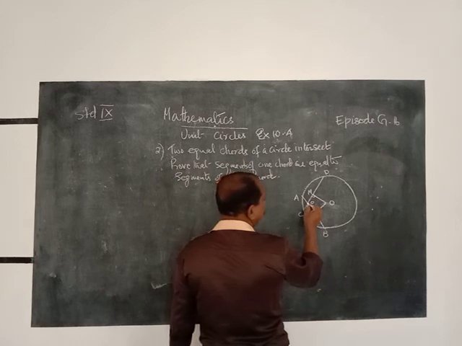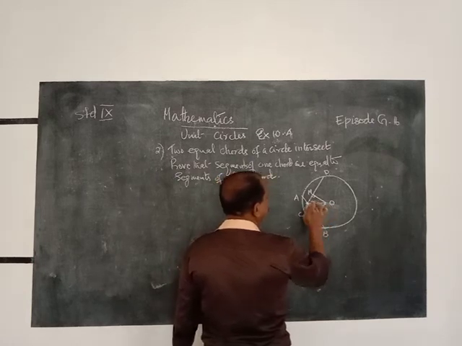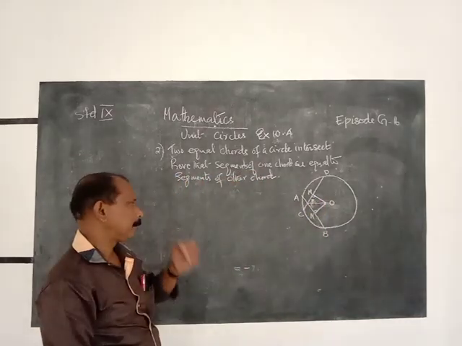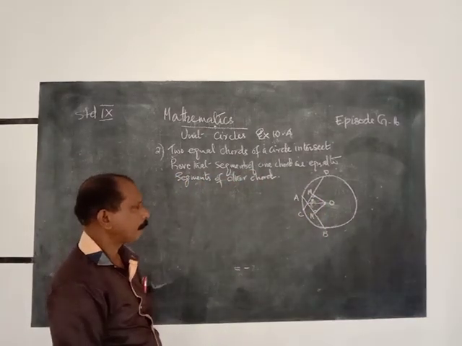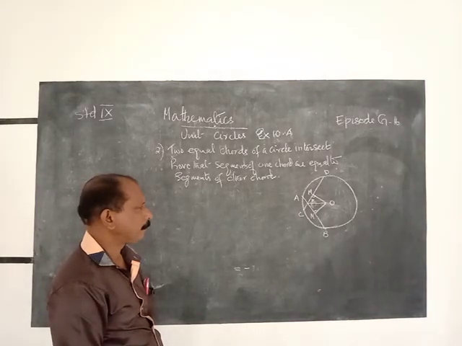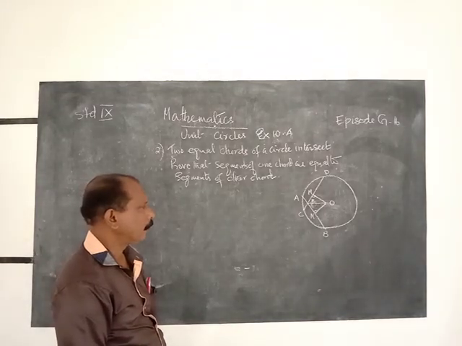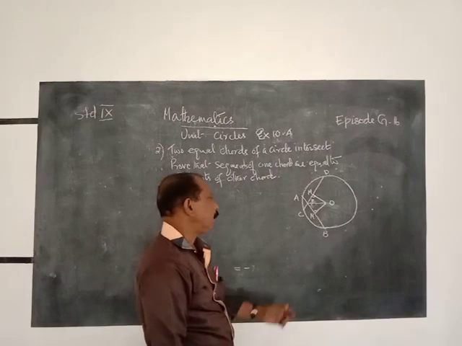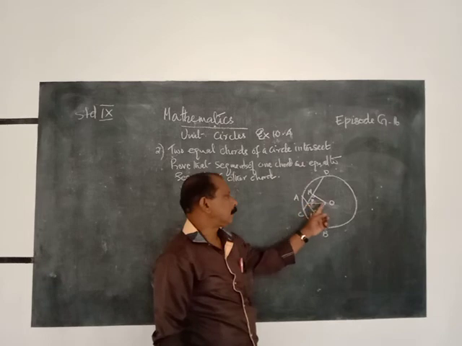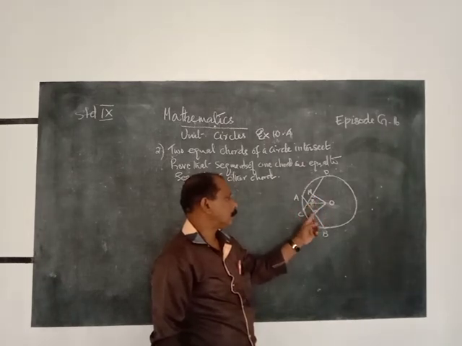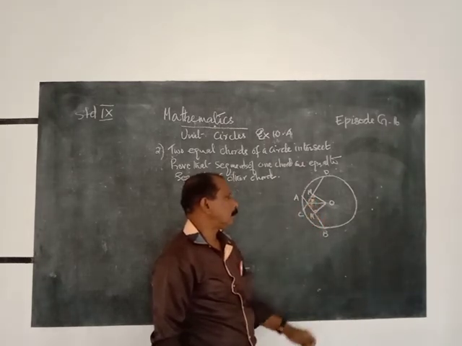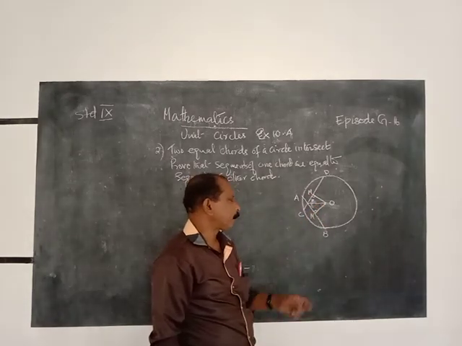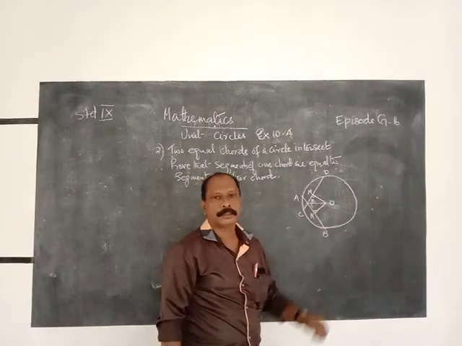Then join these two. Okay. Listen. There are two triangles. This angle is 90 degrees, this angle is 90 degrees. OM and ON are equal. OP is equal to OP.